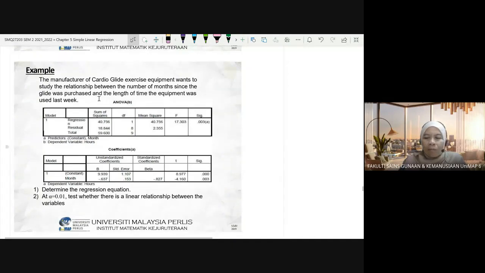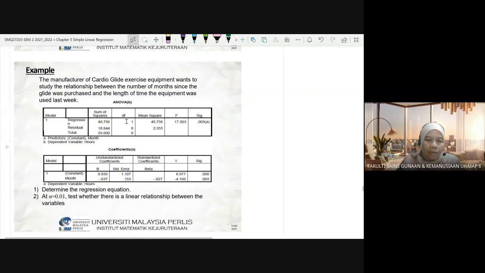So we are talking about health equipment, the CardioGlide. The company wishes to investigate whether there is a linear relationship between them.